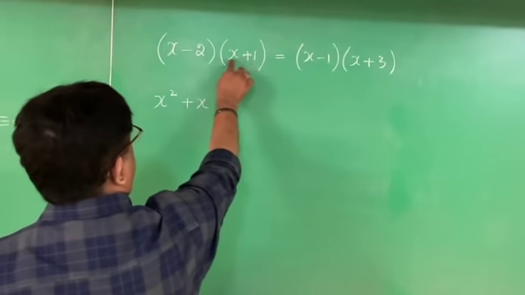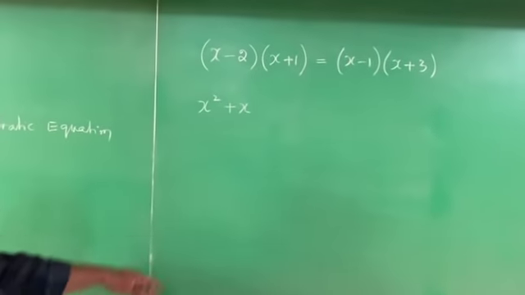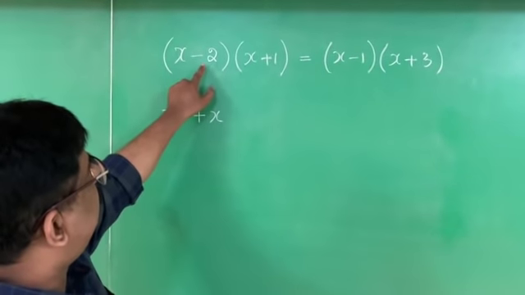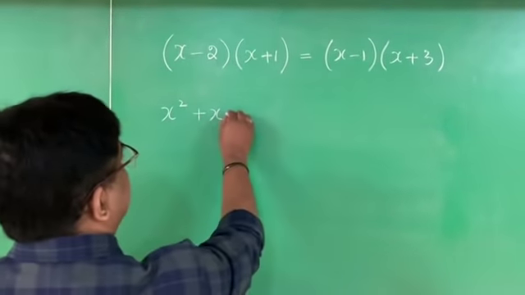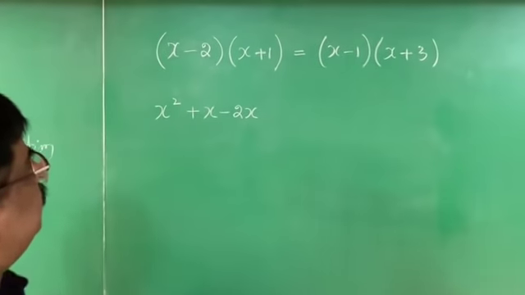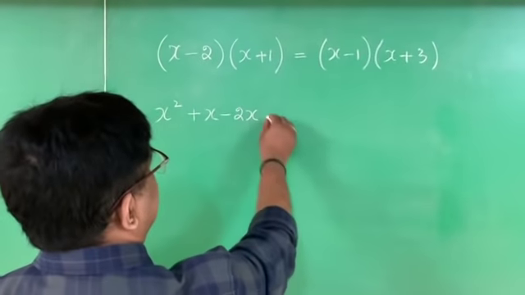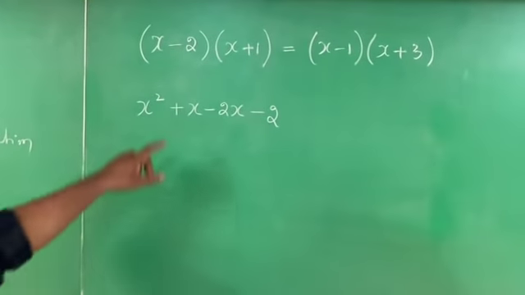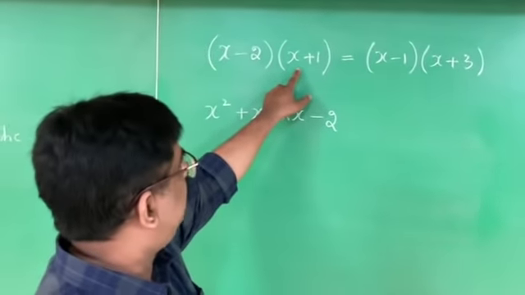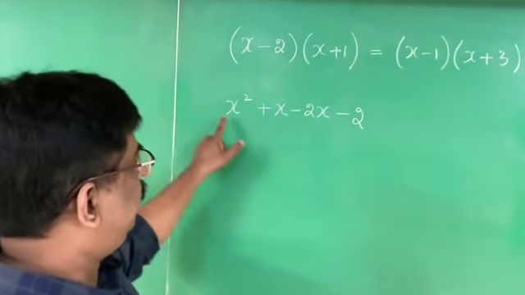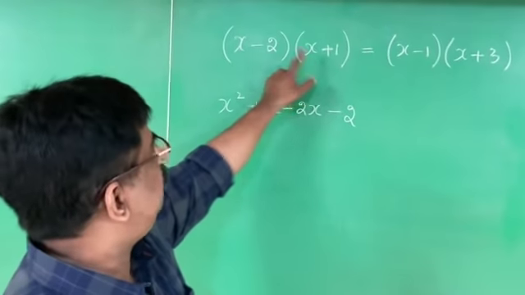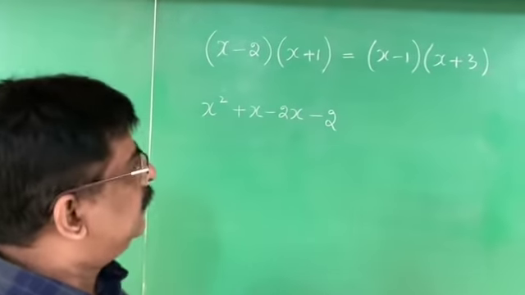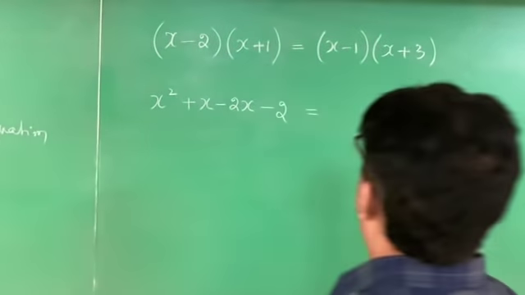Now the second term: minus 2 into x is minus 2x, and minus 2 into plus 1 is minus 2. When a binomial is multiplied by a binomial, we get 4 terms: first into first, first into second, second into first, second into second.